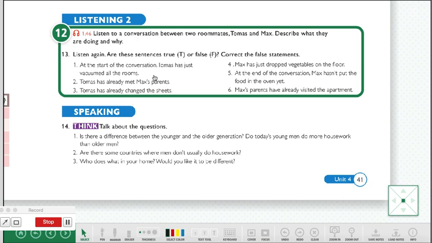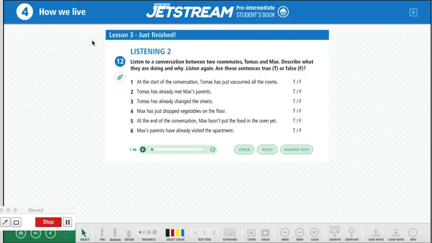Now let's go back. We have the final 3 exercises in the unit. Number 12: listen to a conversation between 2 roommates and describe what they are doing and why. Pay attention to this.